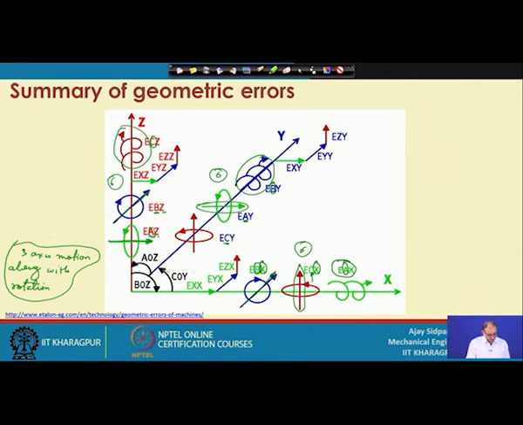So, now what we have to take care of is perpendicularity, that means orthogonal surfaces, correct. And then we have to also make sure that when they rotate, they should rotate along their own axis only, without any type of addition of the axis. So, these are the geometric errors which we have to consider during the fabrication of the axes of the machine.